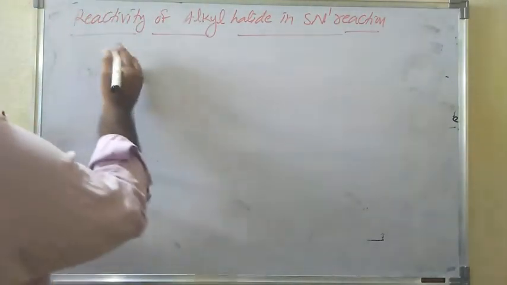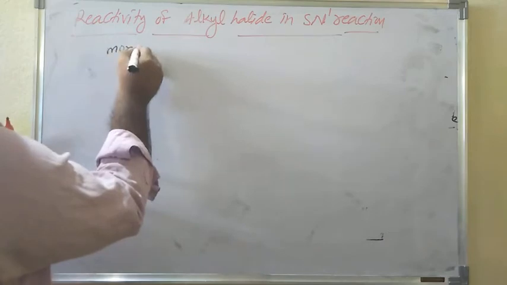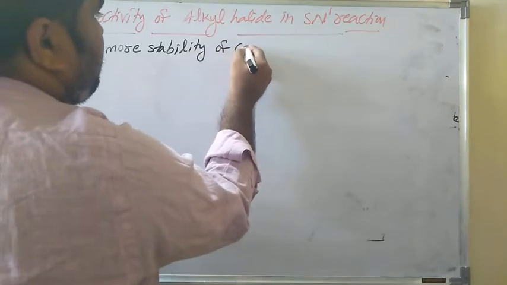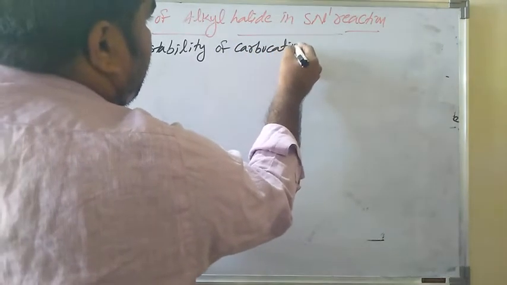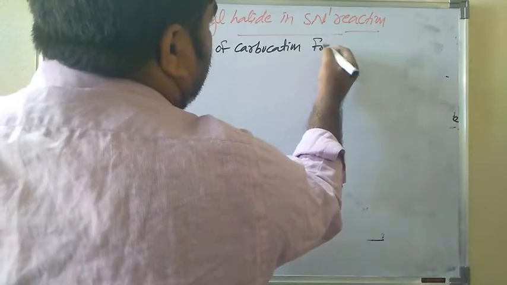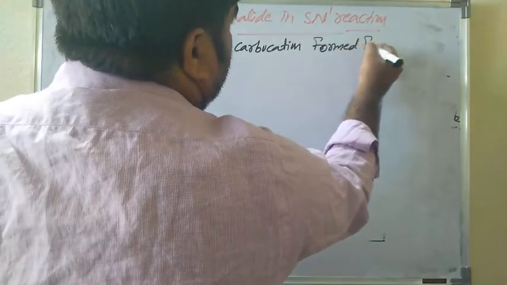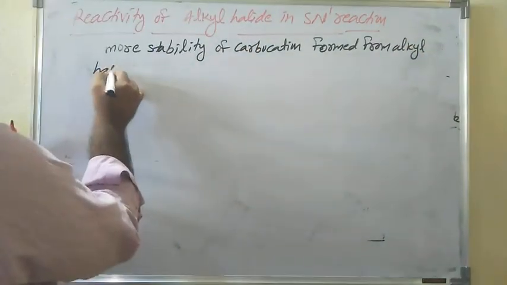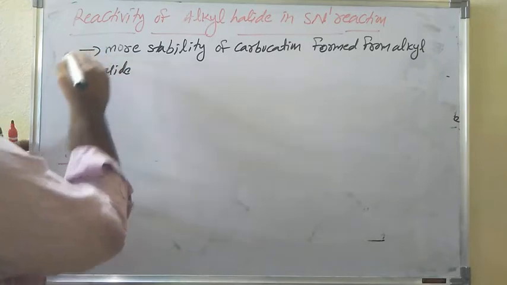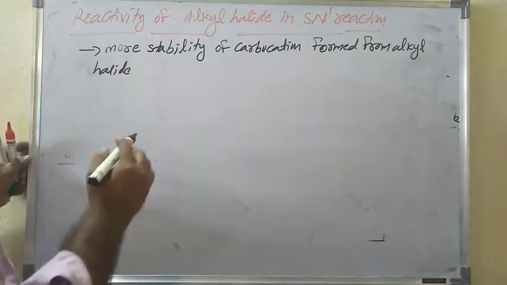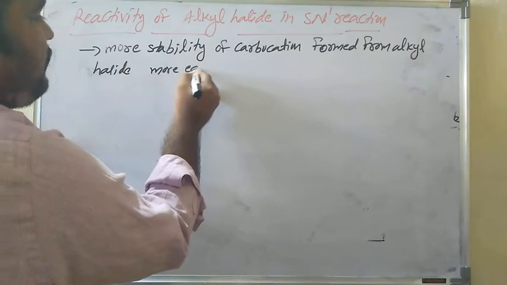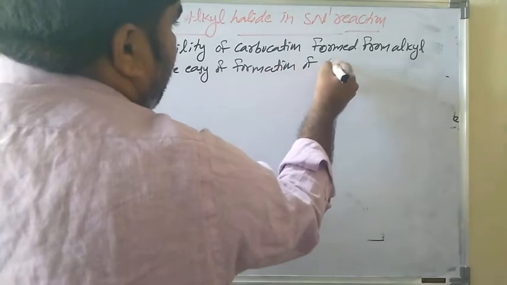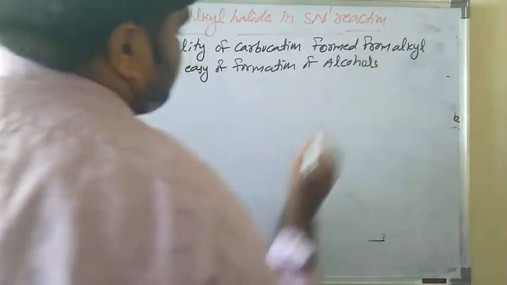The more stable the carbocation formed from the alkyl halide, the more easily the alcohol is formed.